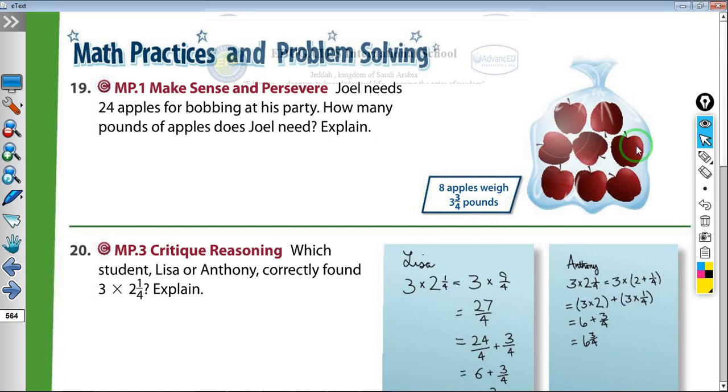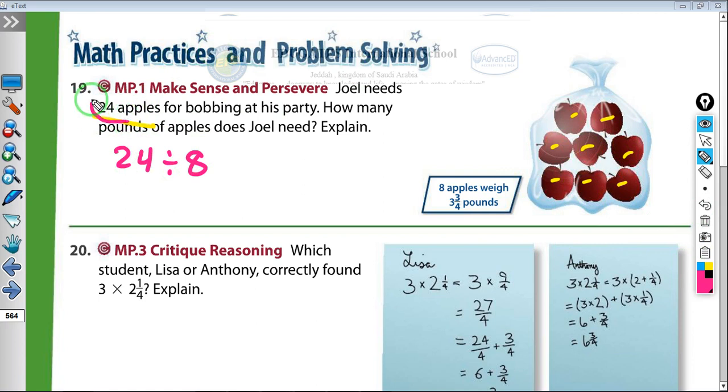Here, as you see in the bag, each bag contains 8 apples. 1, 2, 3, 4, 5, 6, 7, 8. How to make the 24 apples into bags? You have to divide. I will divide 24 by 8. Teacher, why did you divide by 8? Because each bag contains 8 apples.